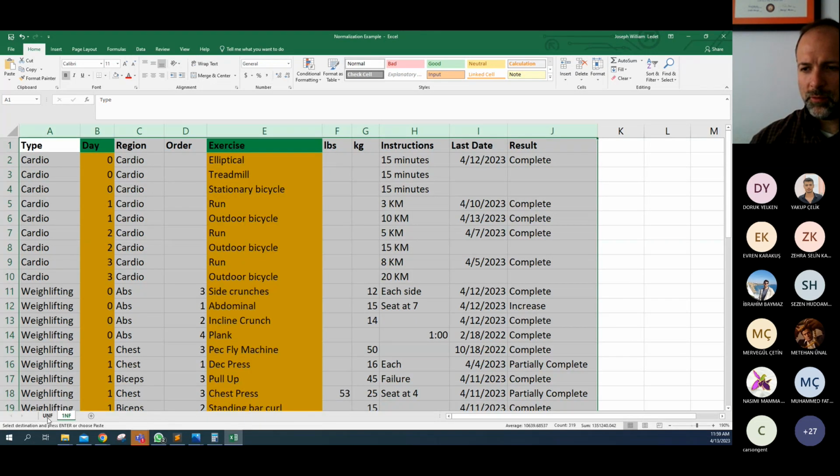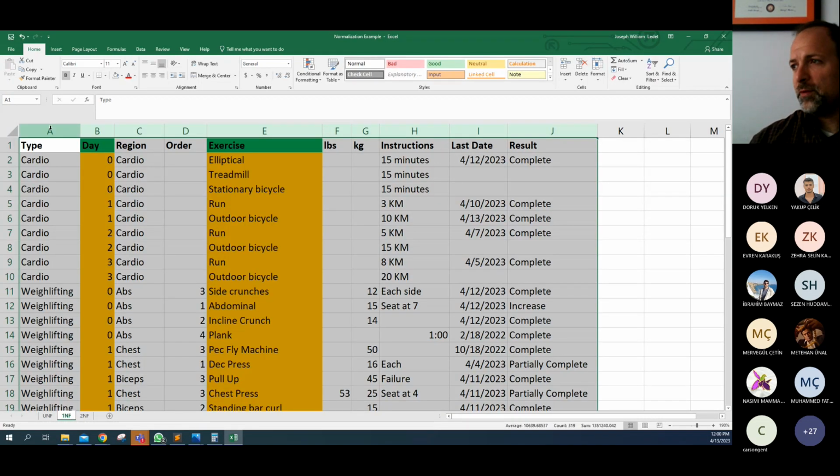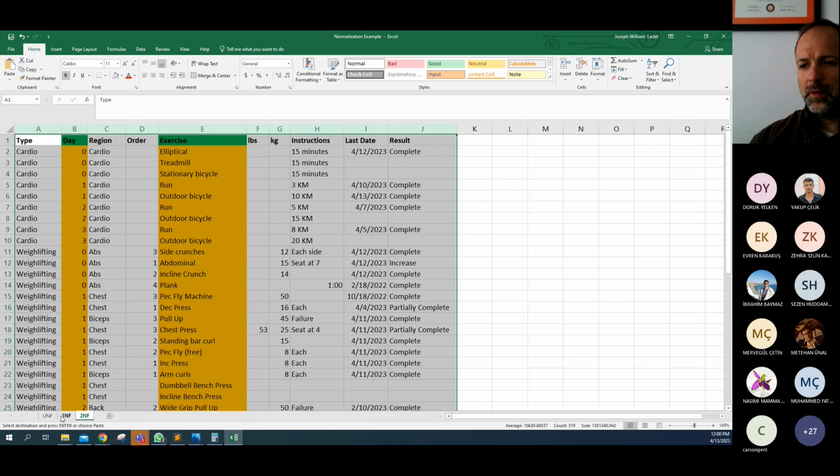Actually, I need to move it into second normal form. So we're going to take our first normal form table over. Okay. Now to get to second normal form, it means that we want to get rid of all partial dependencies.